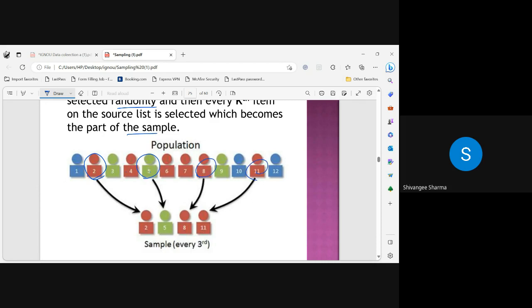So every third or every seventh person, right? This is every kth person in your sample, but the very first element is chosen by random selection.